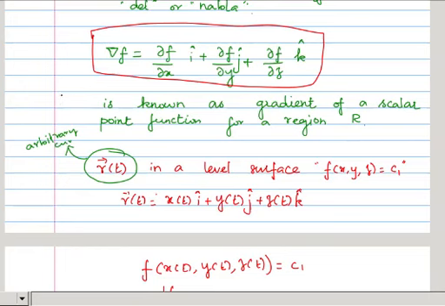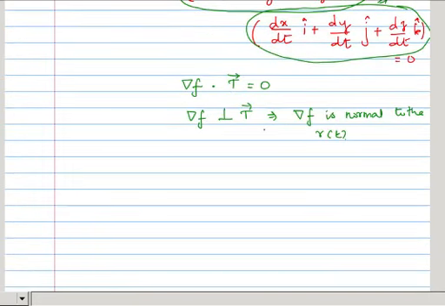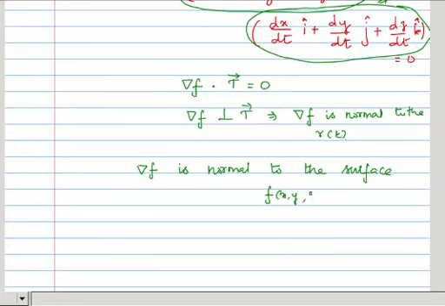So any curve in the level surface f of x comma y comma z equal to c is perpendicular to the gradient. This implies the gradient f is normal to the surface f of x comma y comma z equal to c1.